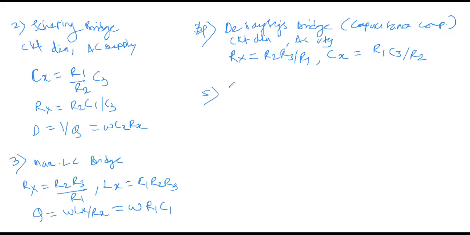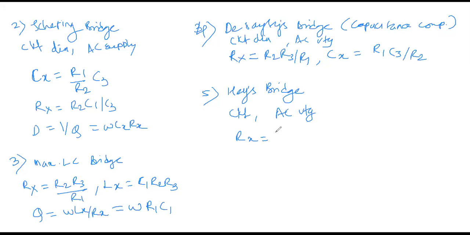Then we have discussed Hayes bridge. From Hayes bridge, what do we get? Again, draw the circuit diagram. Then AC voltage is required here.